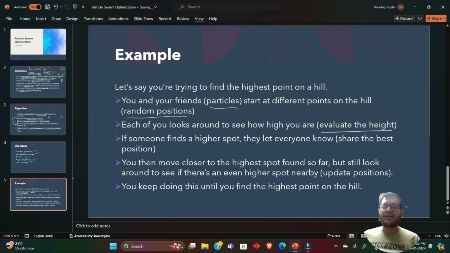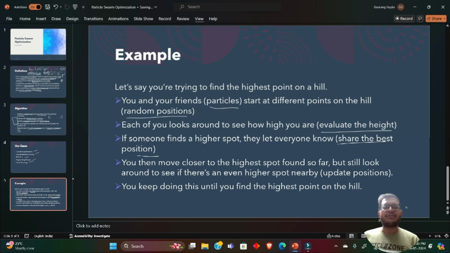You will evaluate your height, or evaluate your performance. Now, after evaluating your performance, what will you do? You will see, okay, if I am at a higher spot, I will inform everybody. If there is someone informing me that they are at a higher position, they share their best position with everyone.